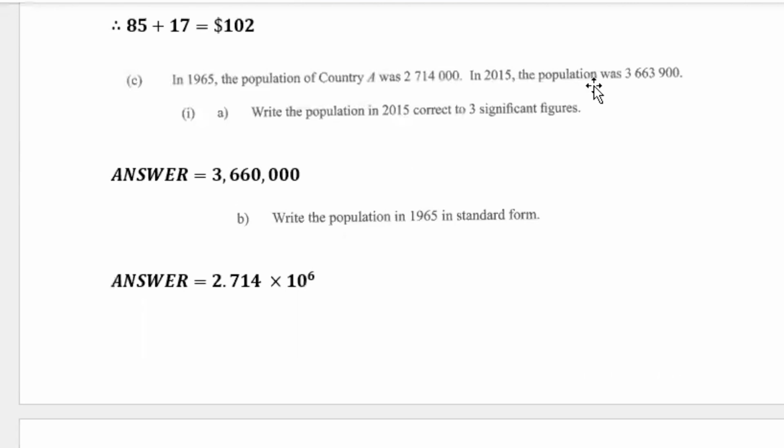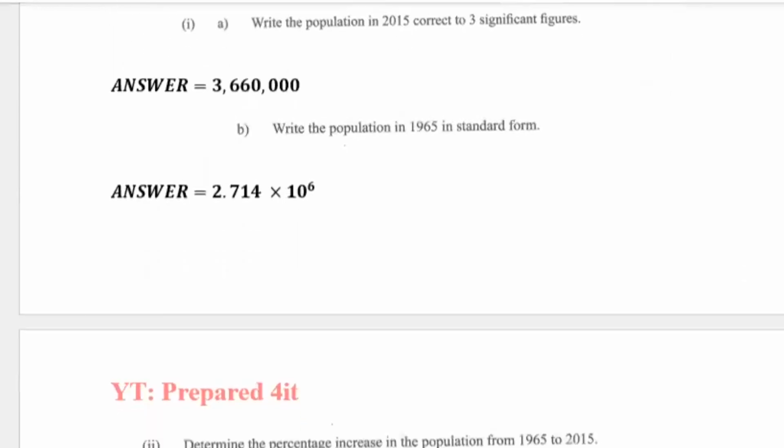So you're looking at what was the increase, which is synonymous with the profit. So you're first working out the increase, then expressing the increase over the original population multiplied by 100. And that will give you the percentage increase of this population.